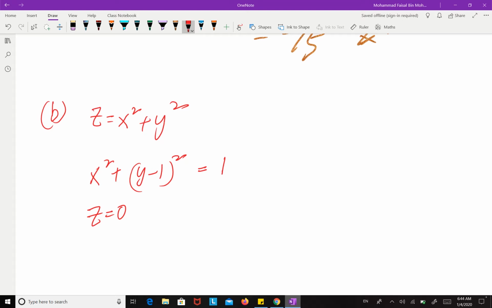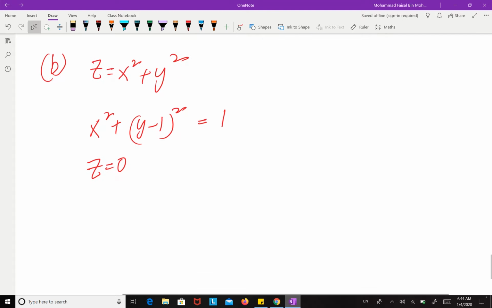So you want to use the cylindrical coordinate, just polar coordinate also. So we try to draw. This surface represents the paraboloid. This surface represents the cylinder. But the center is now not 0, 0.